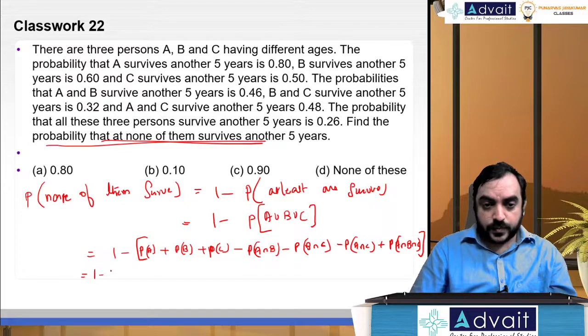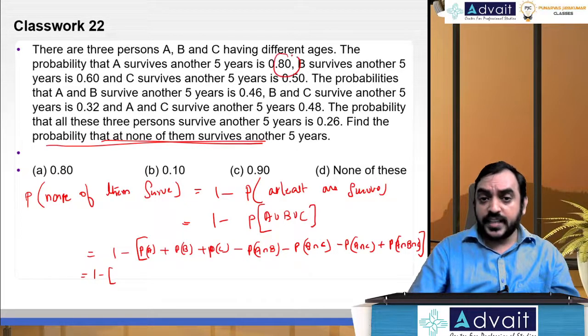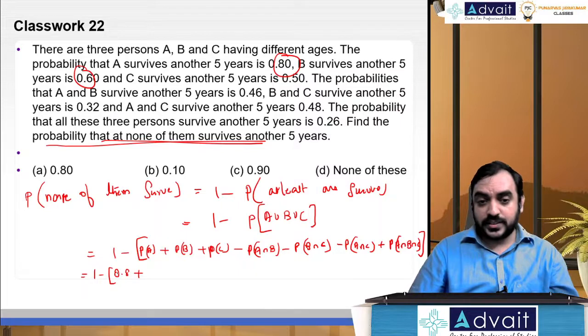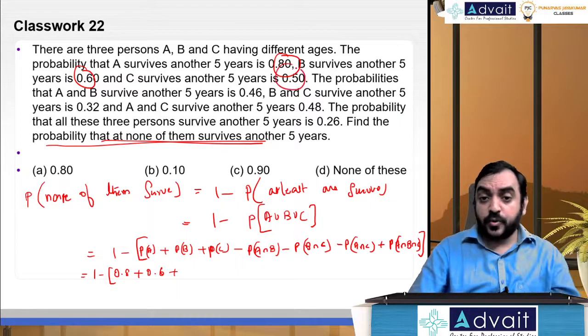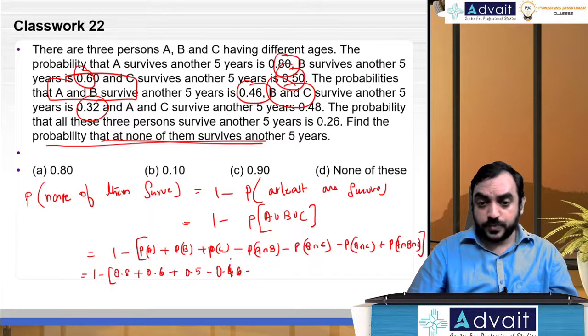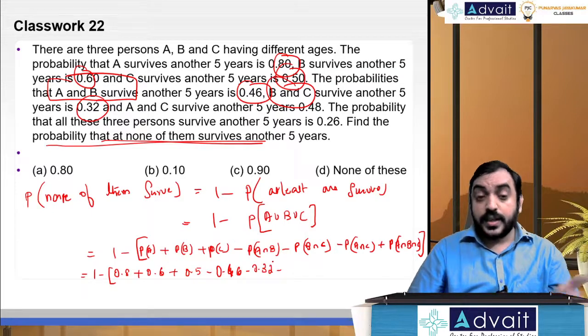So 1 minus probability of A surviving 0.8, probability of B surviving 0.6, probability of C surviving 0.5, probability of A and B surviving, given, 0.46, B and C surviving, given, 0.32, A and C surviving 0.48.